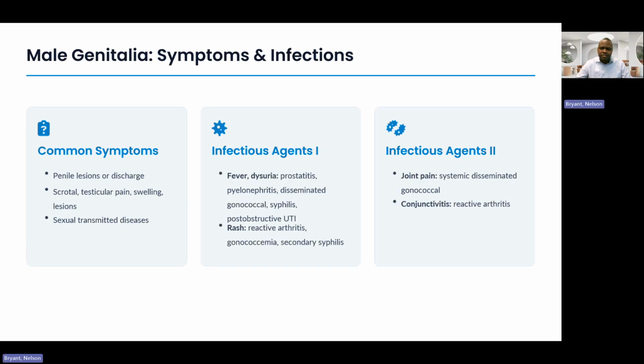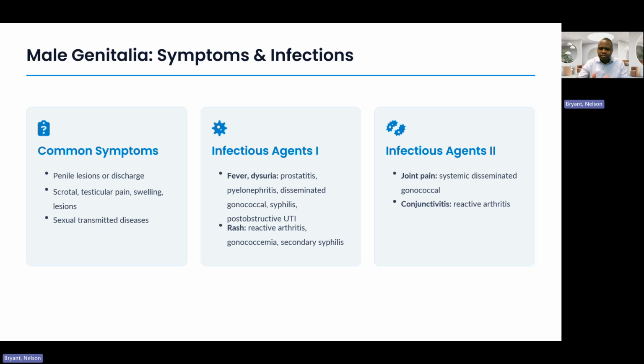Some of the symptoms and signs of infection that you might notice, which are concerning, are any penile lesions, any discharge, or scrotal swelling and pain.